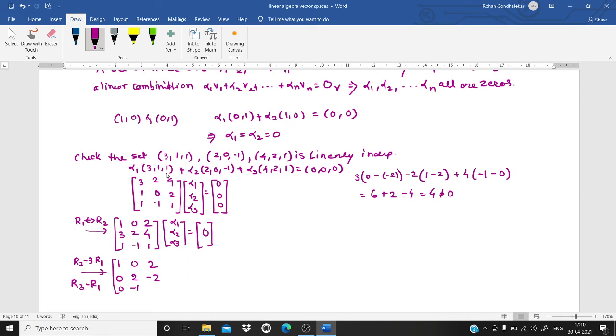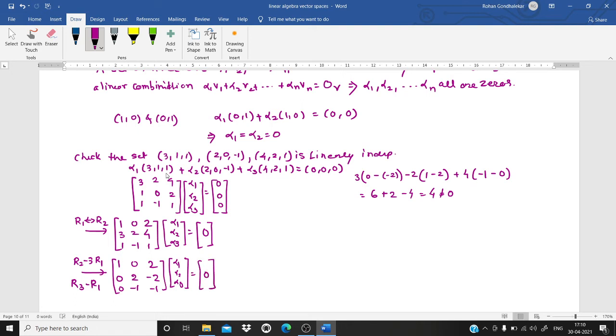Here I am getting the minus 1 and here is the plus 1. So 1 minus 2 will be minus 1. Alpha 1, alpha 2, then alpha 3 and the zeros.